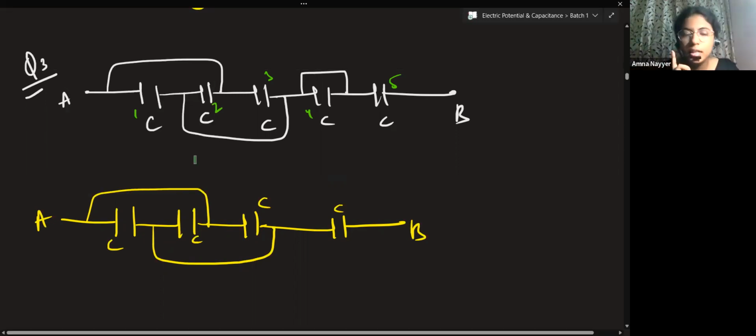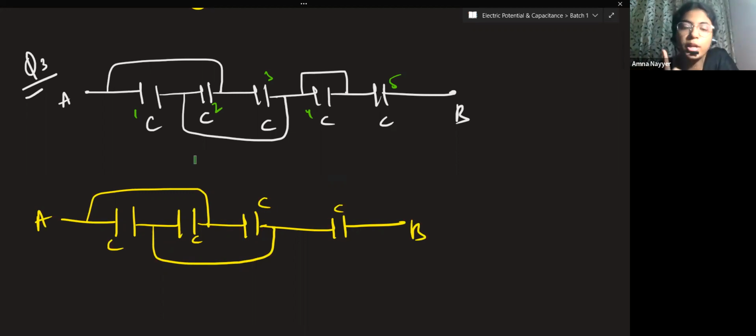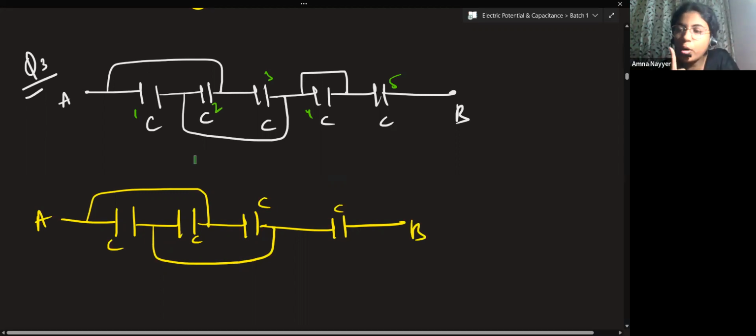Remember, I'm explaining this potential divider method again because many times this do come in your examination. Point A is there. Start moving along with point A. Whichever capacitor you get, put it as VA. So let's move along with it. Till here we have reached. A capacitor is there.